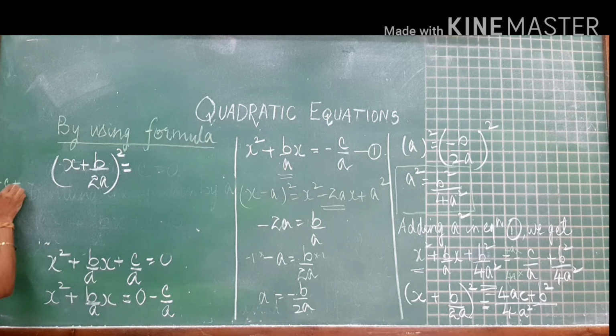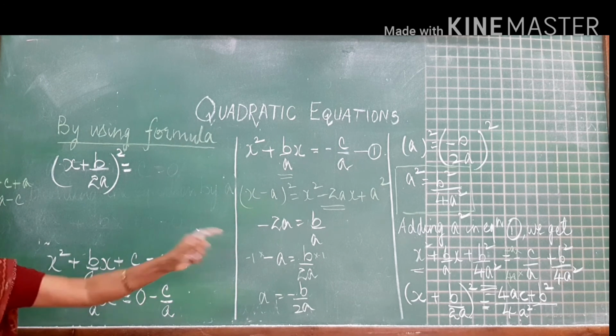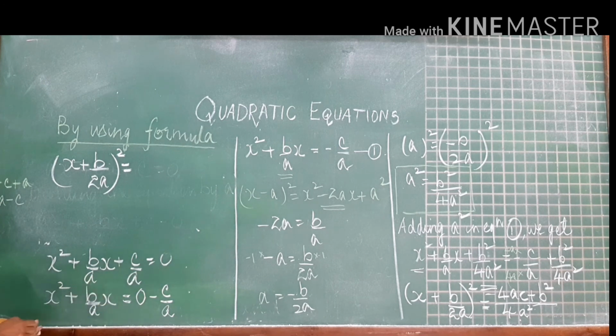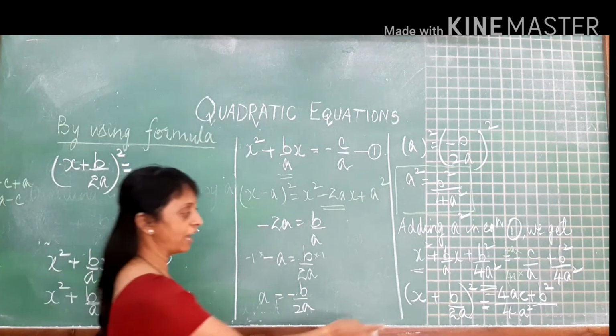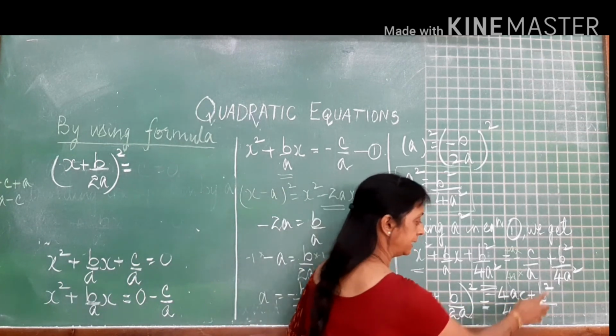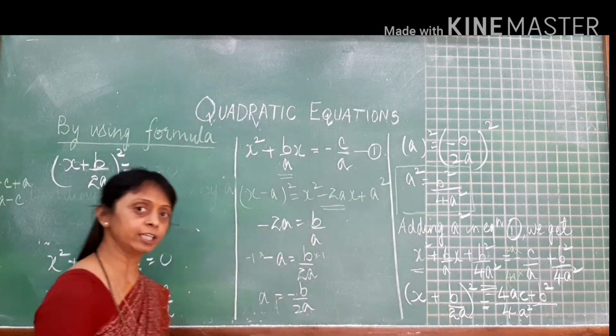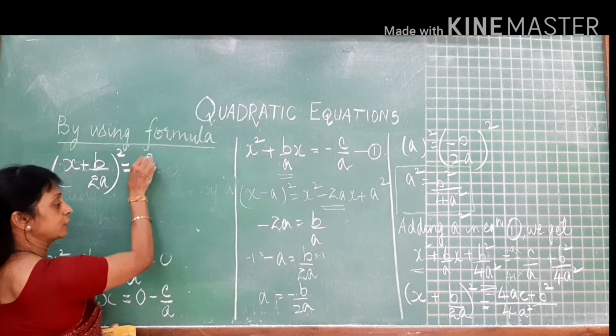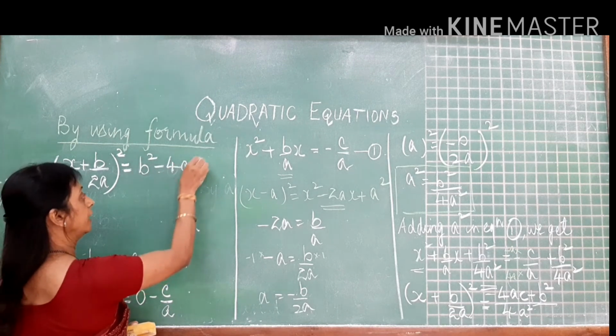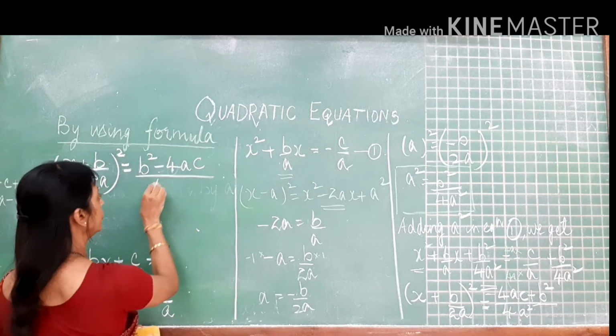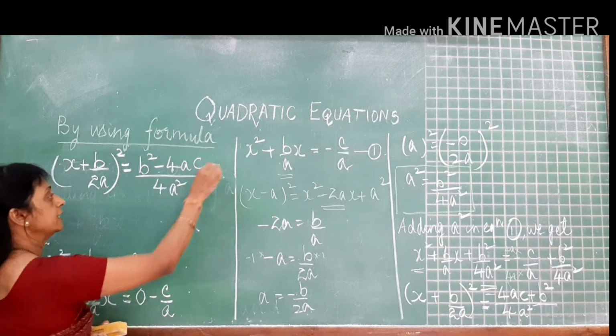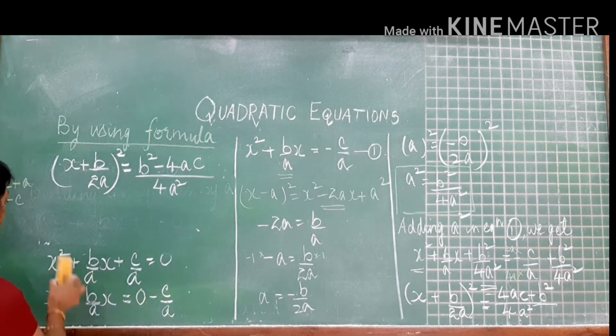Minus c plus a can be rewritten as a minus c. Same thing we'll apply for the numerator terms over there. You have minus 4ac plus b square, which can be rearranged and written as b square minus 4ac upon 4a square. Let's continue.